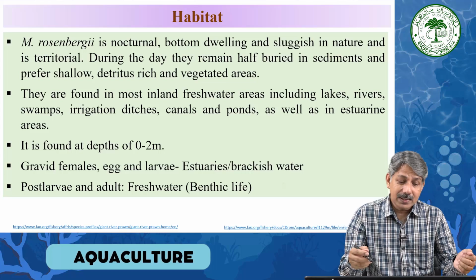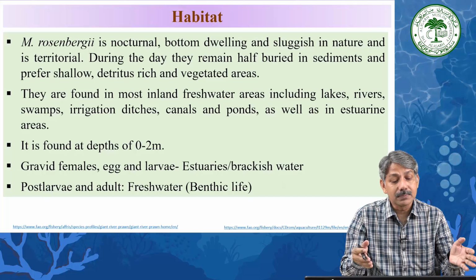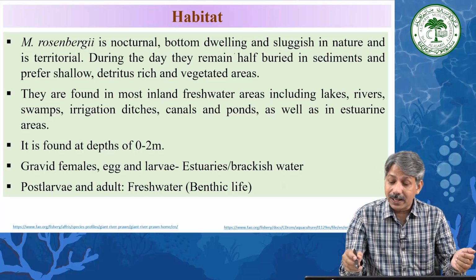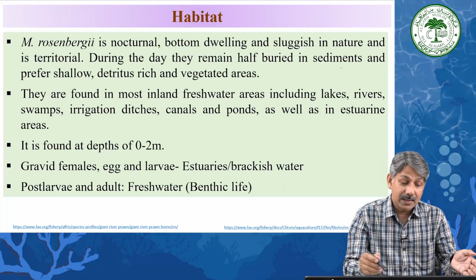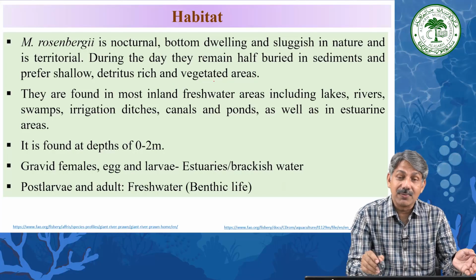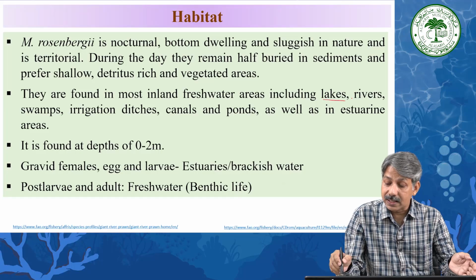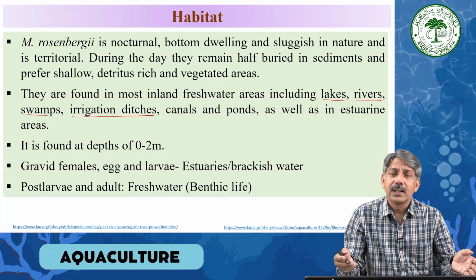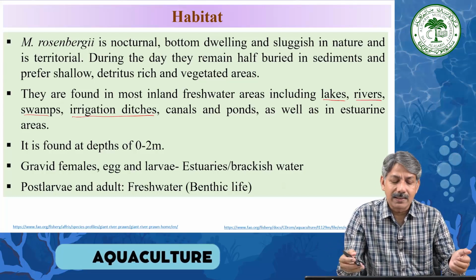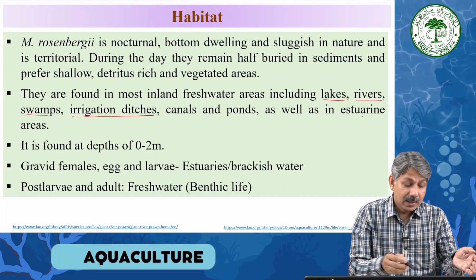Now, habitat-wise, the giant freshwater prawn shows nocturnal behavior, is bottom dwelling and sluggish in nature, and shows territoriality. During the day, they remain half buried in sediment and prefer shallow, detritus rich, and vegetated areas. They are found in most inland freshwater areas, including lakes, rivers, swamps, irrigation ditches, whatever kind of freshwater habitat, as well as in estuarine areas.